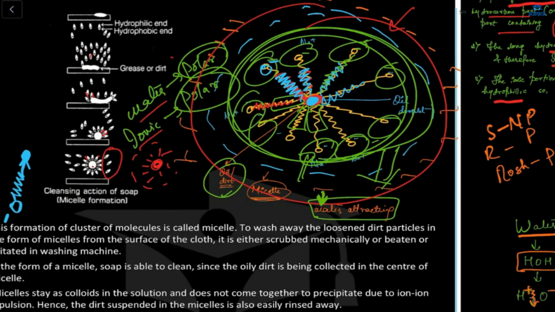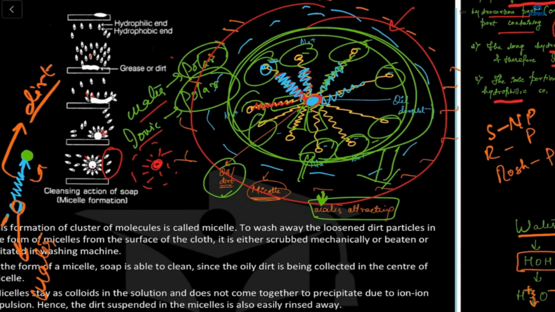Why? Because the O minus will get attracted towards the water, and the zigzag part is getting attracted towards your dirt, because your zigzag part is hydrophobic, and this head part is your hydrophilic, so that's why this will get attracted toward your water, and this is phobic, so this will get attracted toward your dirt.